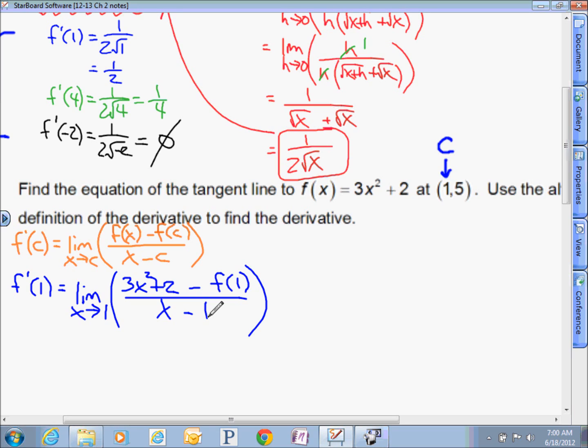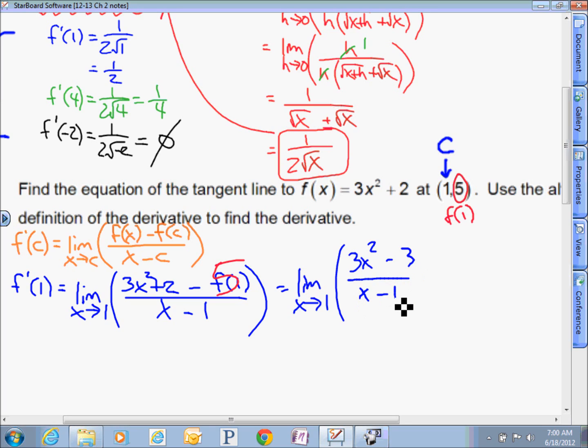F of 1 is right there. So I'm going to put a big old 5 in the place of that f of 1. And now, once I simplify this limit, I'm going to have what I need. So limit as x approaches 1 of 3x squared. What's that going to be? How about a minus 3 in the numerator, all over x minus 1.